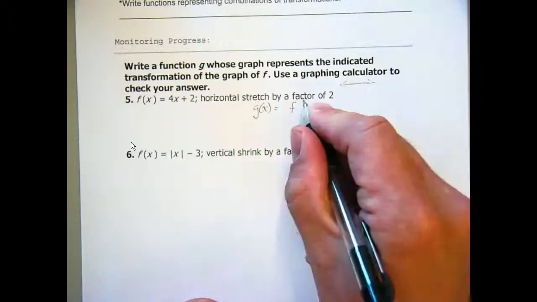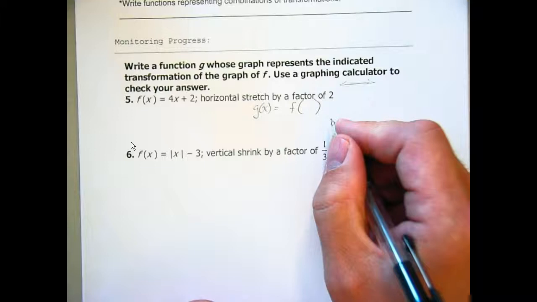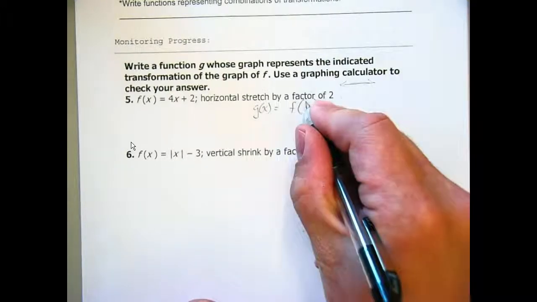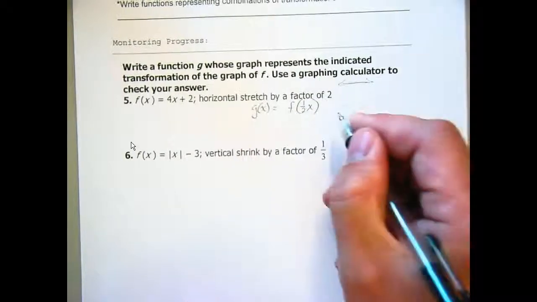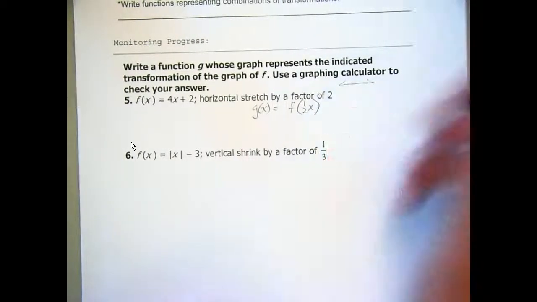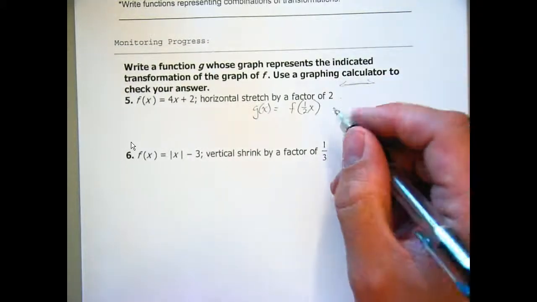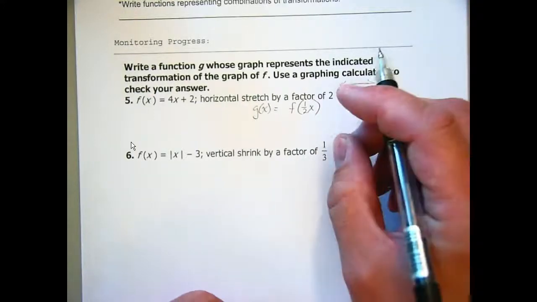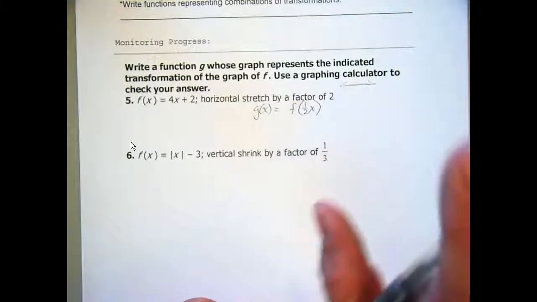Happens in. Okay? Now, horizontal stretch by a factor of 2, everything's counterintuitive. You'd think you would multiply by 2, but you divide by 2 or multiply by 1/2. When we start graphing it, it'll make more sense. Let's just wait until we graph it.